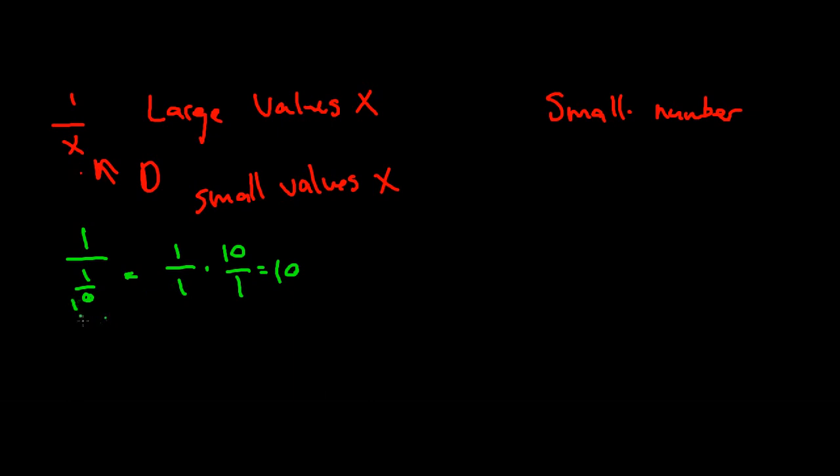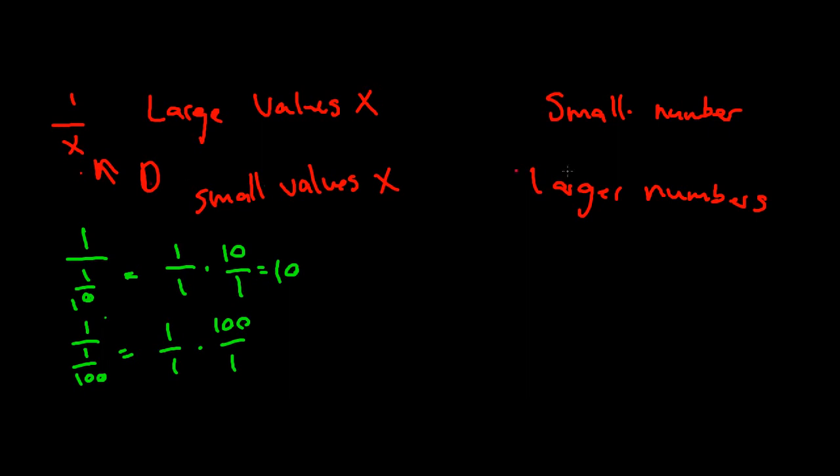And if I put in 1/100, that's 1 over 1/100, which is 1 over 1 times 100 over 1. Then the values are going to get larger. So this is what's causing the numbers to go to infinity.